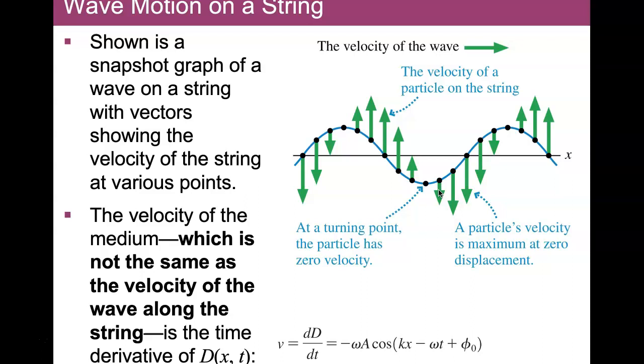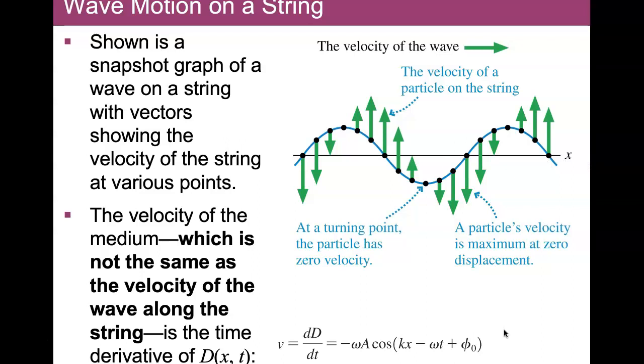Because mathematically, it's really easy to write the equation for the history graph. We just don't change x. We treat x as a constant, right? If we're looking at one point, each point is characterized by an x, by a place along the rope, around the x-axis.